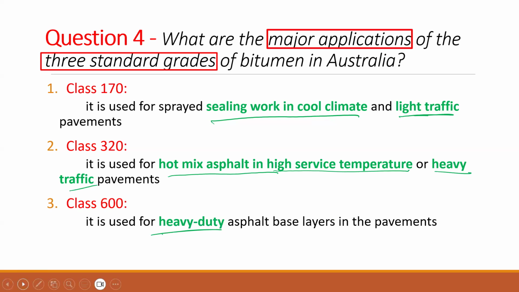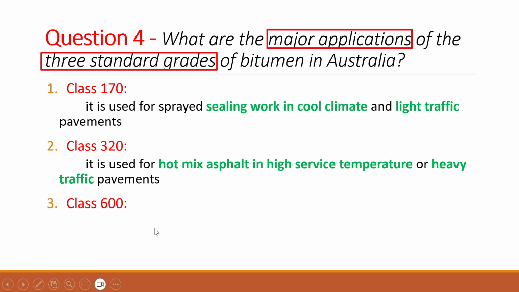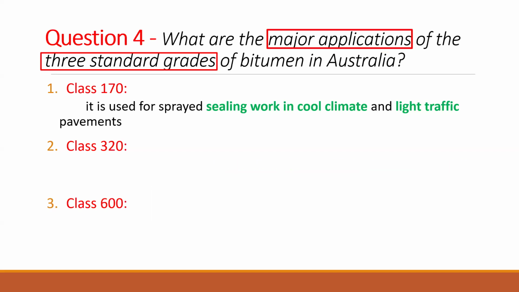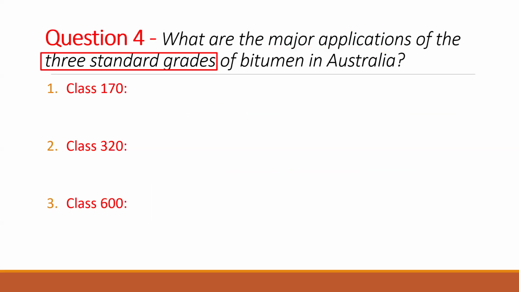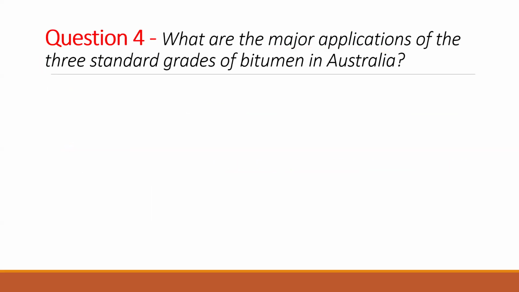Okay, so these are general applications. However, when we are selecting the right binder type, we use the Austroads guidelines to do that. We follow the tables in the Austroads guide. We are not going to just select one from the three conventional types. We have to do it in the right way. When we are referring to the tables, we need to know a few things. First, we need to know what kind of application it is.